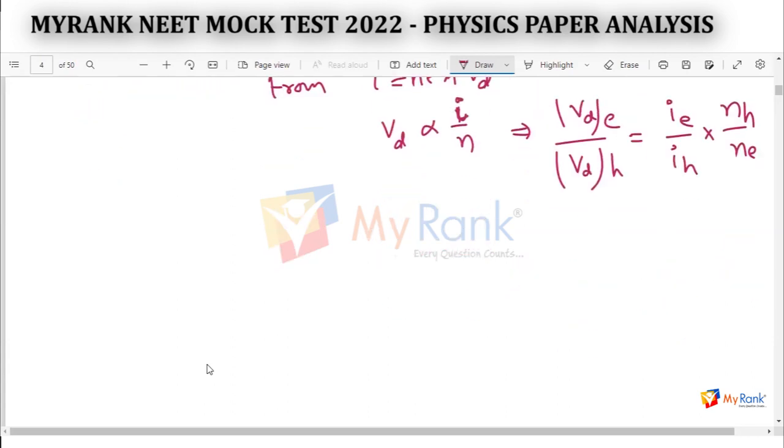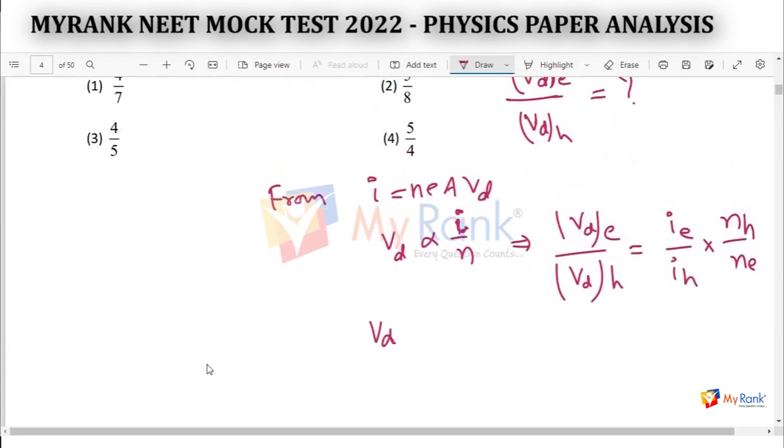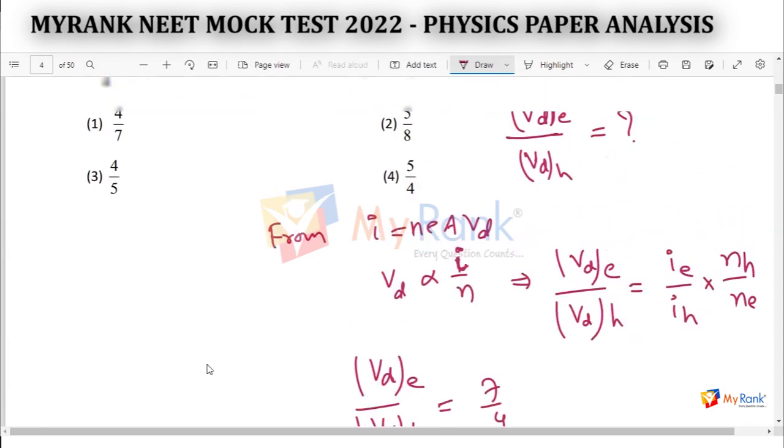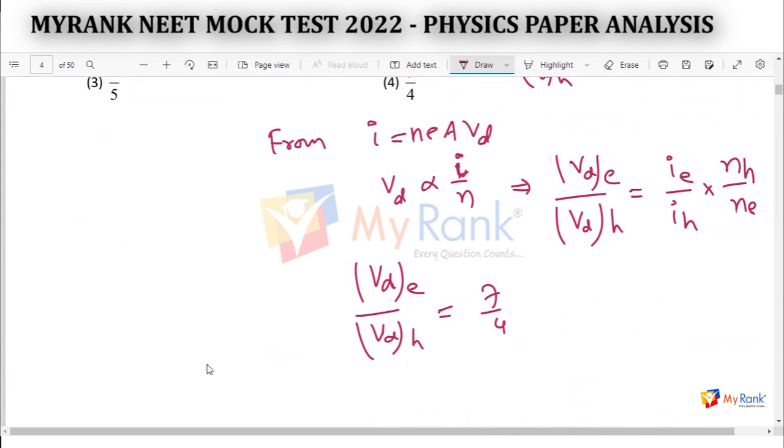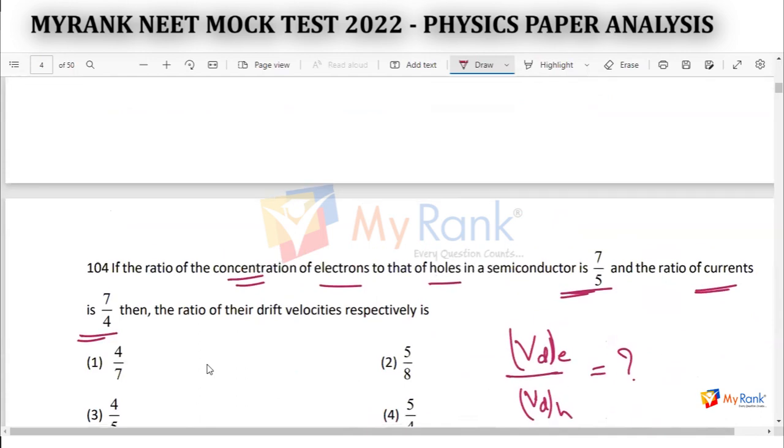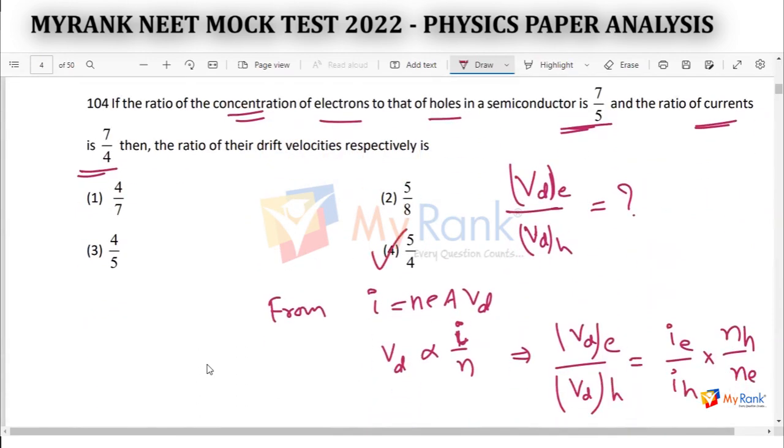So the ratio is IE by IH, which is 7/4 according to the given currents, and then the concentration ratio n is 7/5. So 7 goes in the denominator and 5 goes to the numerator, inversely proportional relation. So therefore the answer is 5:4. So the correct option is the fourth option.